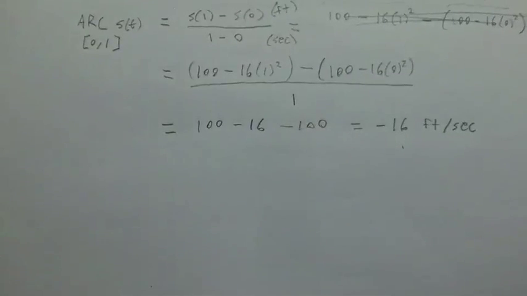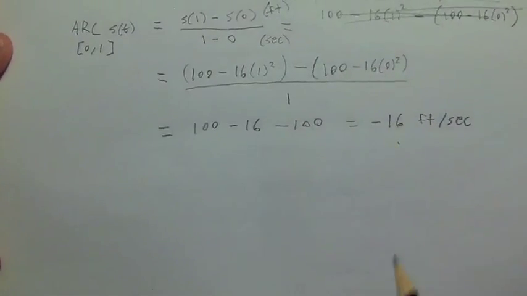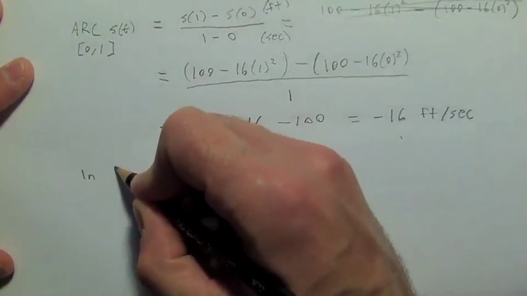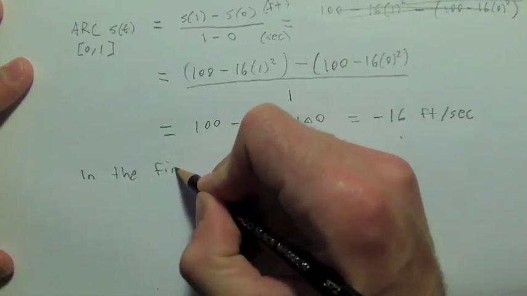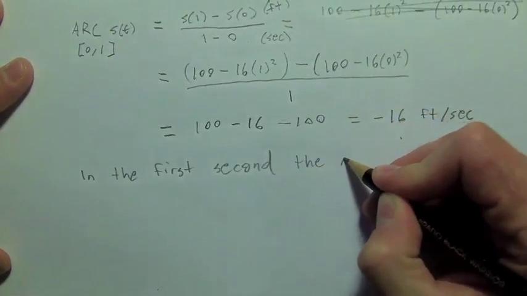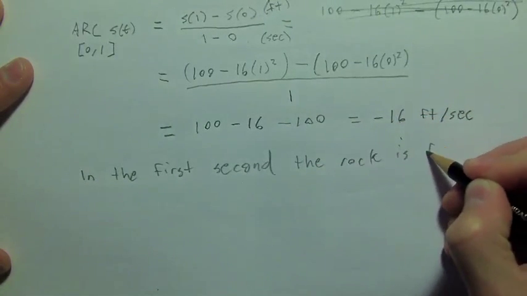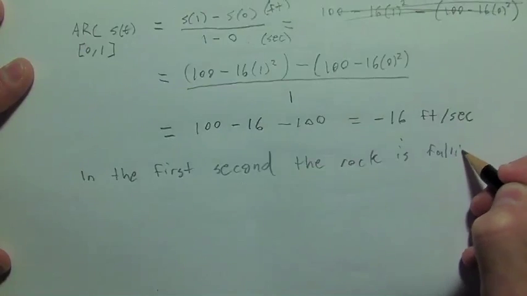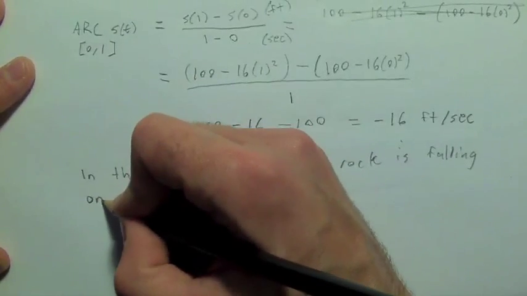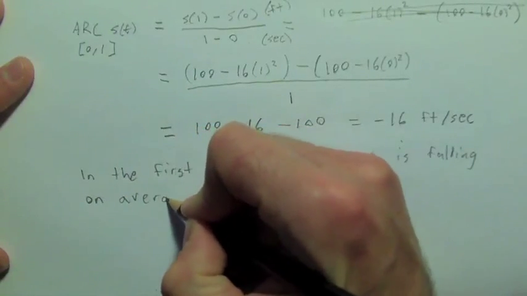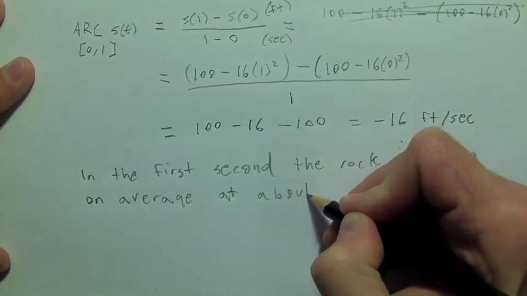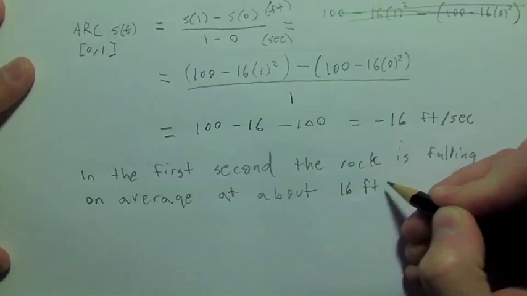No. Basically, the negative means it's falling, and what this tells us is that in the first second, the rock is falling, we can put it here, on average at about 16 feet per second.